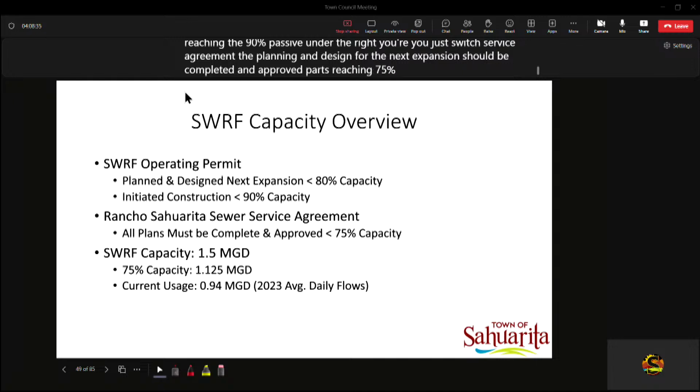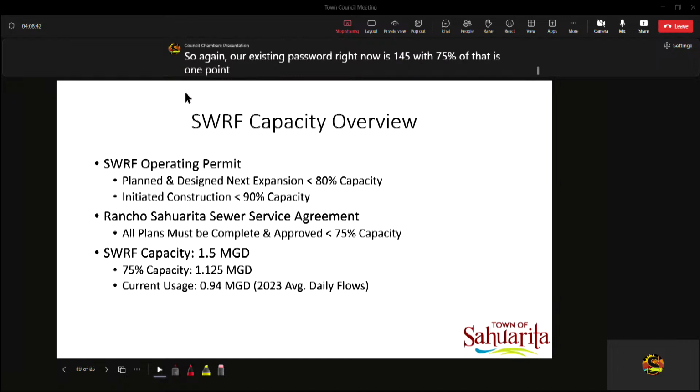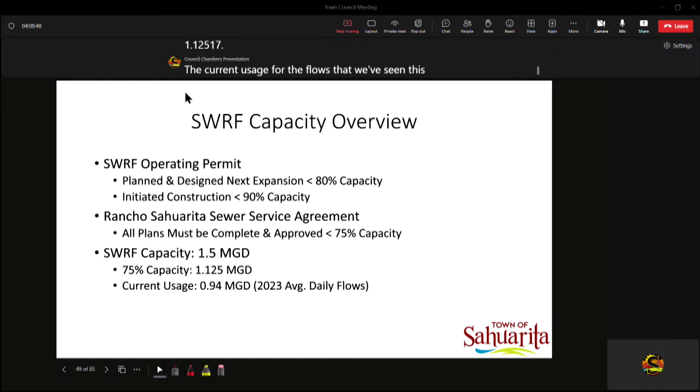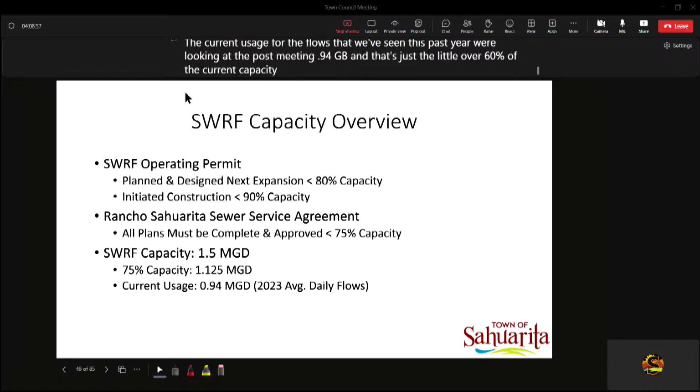So again, our existing capacity right now is 1.5 MGD, which 75% of that is 1.125 MGD. The current usage, or the flows that we've seen this past year, we're looking at approximately 0.94 MGD, and that's just a little over 60% of the current capacity right now.